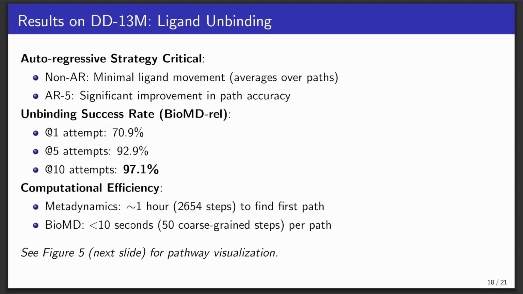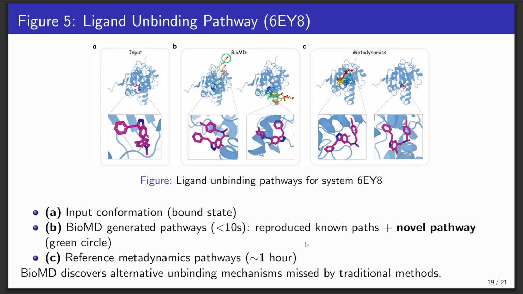For example, for metadynamics, it may need 1 hour to find the first pass, but for BioMD, it takes only 10 seconds and 50 coarse-grain steps per pass. For example, subfigure A is the input information, which is a bound state, and B shows two different BioMD-generated pathways.